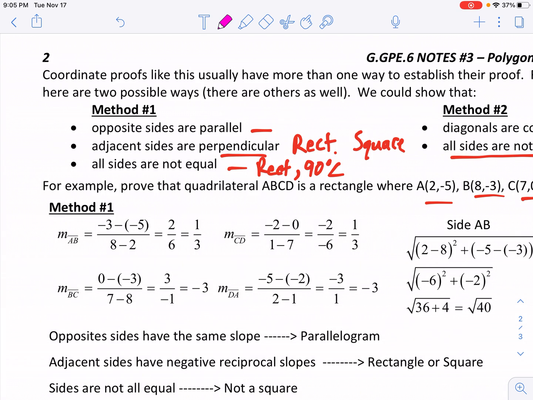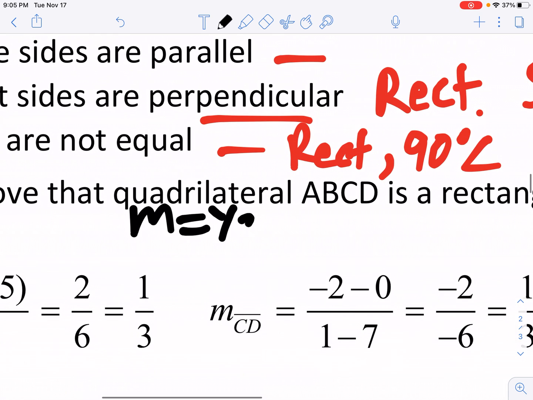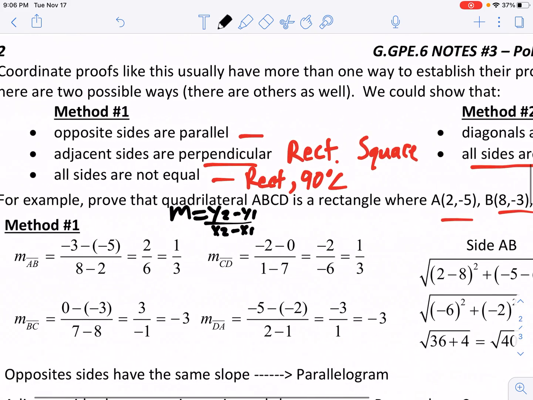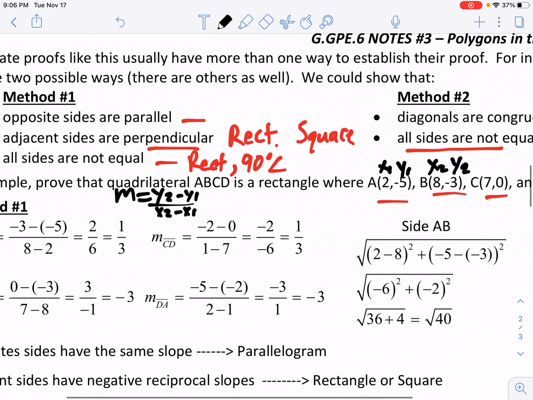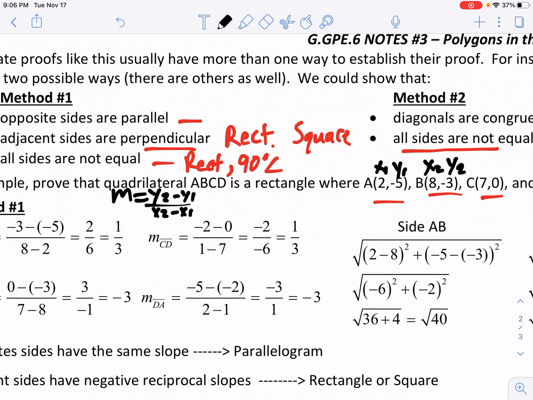So what we use here is our slope formula, m equals y2 minus y1 over x2 minus x1. And they're just taking the points. So in the first one, it says find the slope of AB. So if I'm finding the slope of AB, then this would be my x1, y1. This would be my x2, y2. So we're going to subtract our y's, and we'd have a -3 minus a -5.